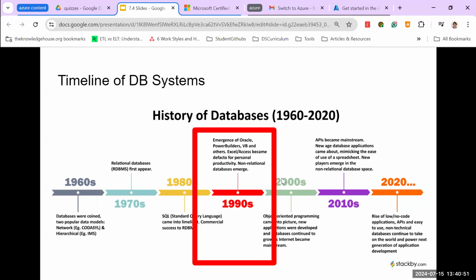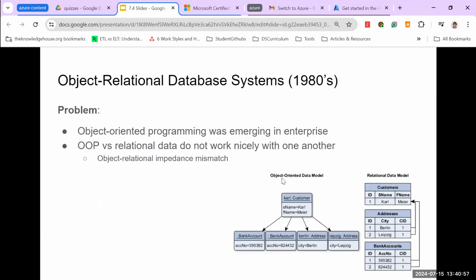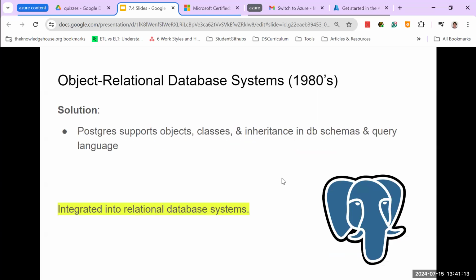Furthermore, I'm going to ask you to notice a pattern that goes on as I talk about these events. Now, by the 1980s, object-oriented programming was emerging in enterprise solutions, and the problem is object-oriented programming and relational data really don't play nice with one another. This is called the object relational impedance mismatch.